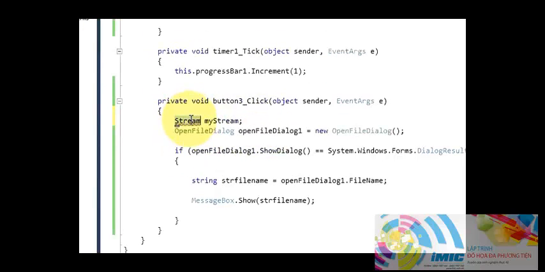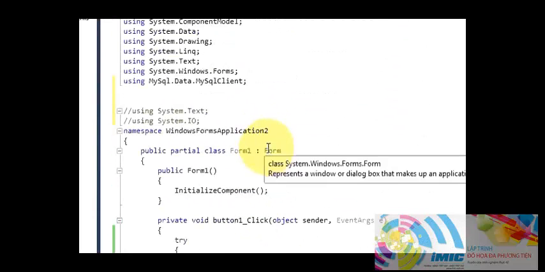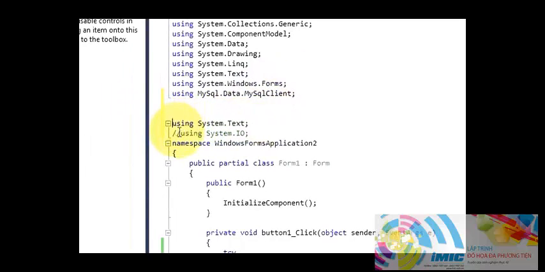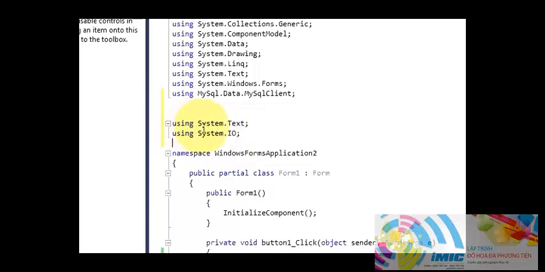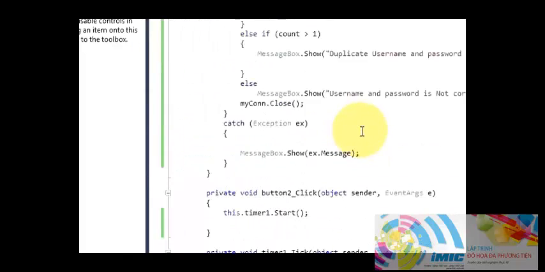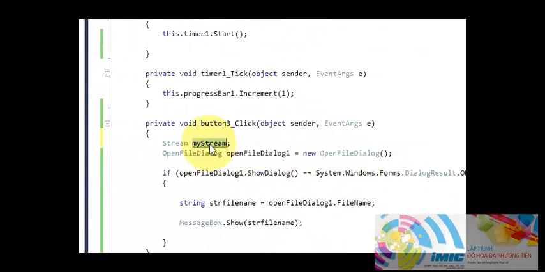If you see this variable declaration, it's showing some error. This is because we need to import some system files. Go to the top and write these two lines: using System.Text and using System.IO. Just write these two declarations at the top of your program, and when you go back to your code, this error is gone, right?